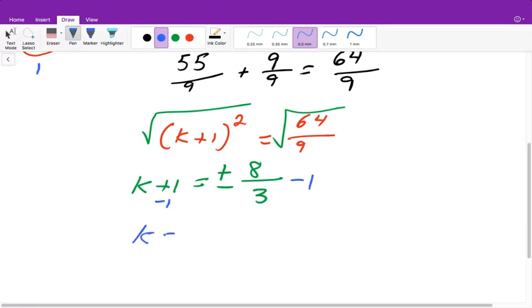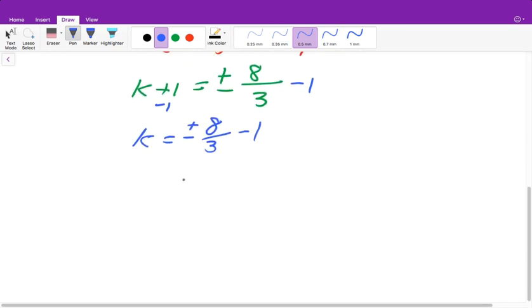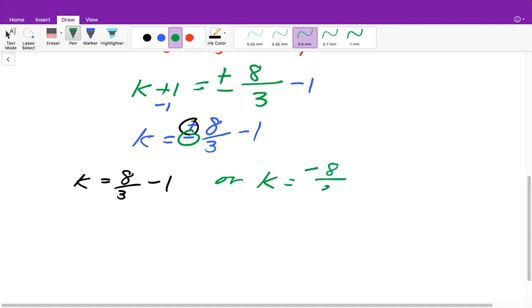So we get k is equal to plus or minus 8 over 3 minus 1. Now, if you have numbers without radicals, you do need to combine these. So if you left your answer like this, you will not get full credit. So when we have this plus or minus, that means k is equal to a positive 8 over 3 minus 1, or k is equal to the negative 8 over 3 minus 1.